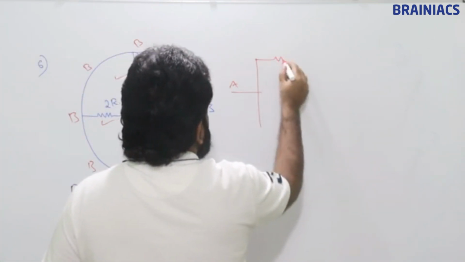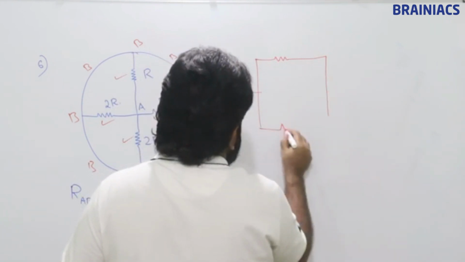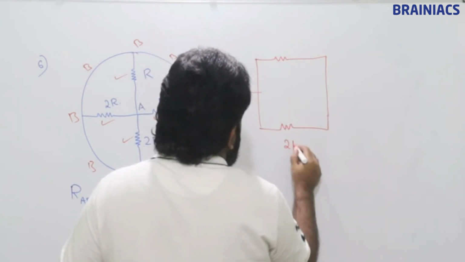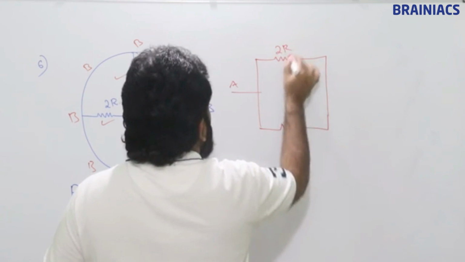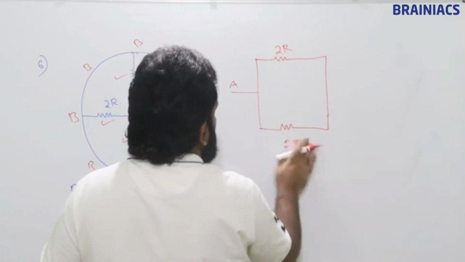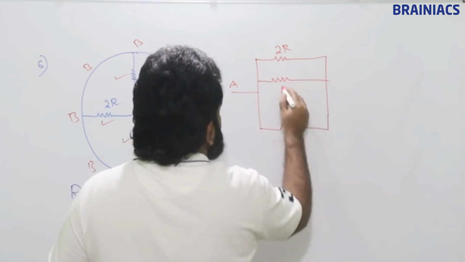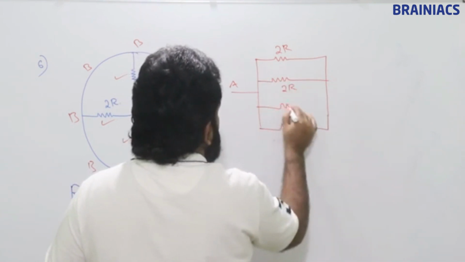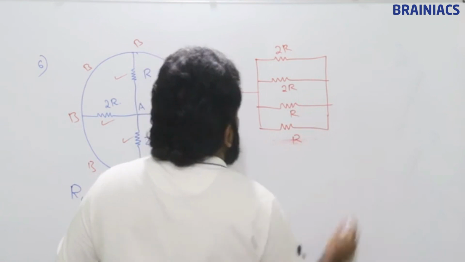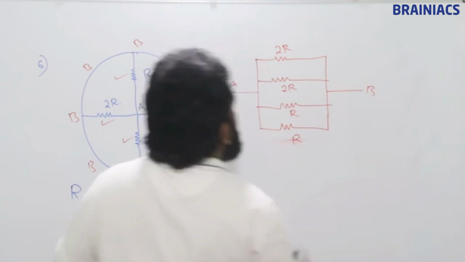A, R, then this is 2R, and this is R and R, and this is B.